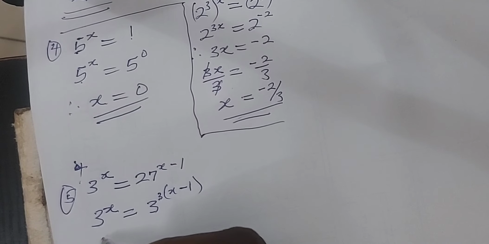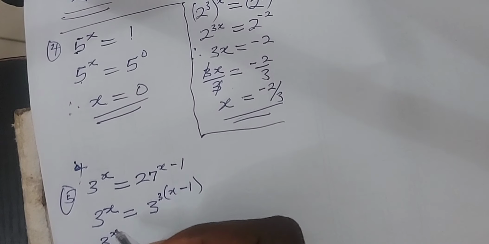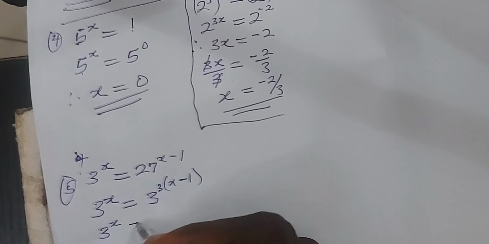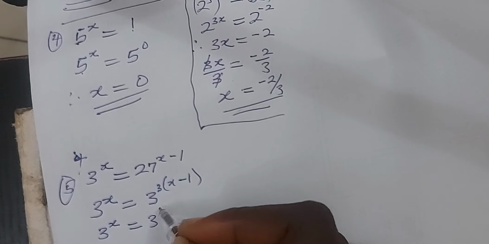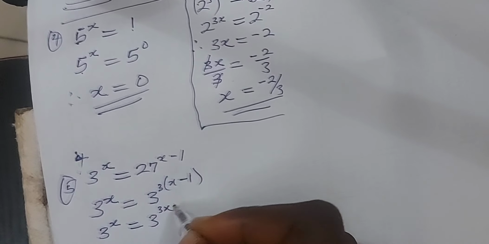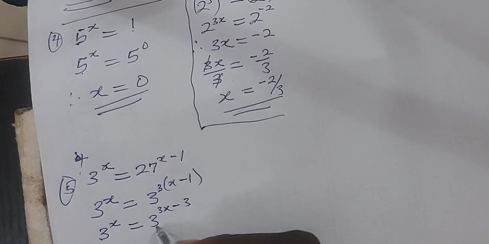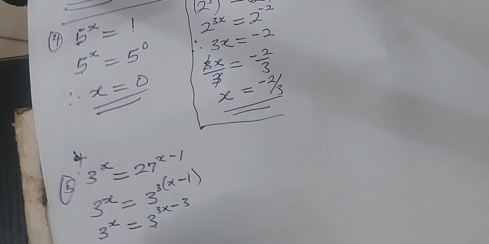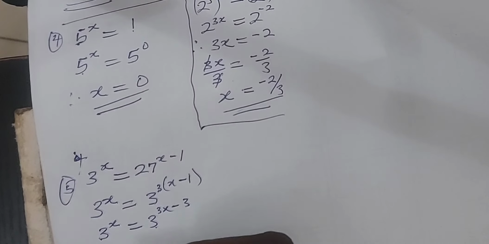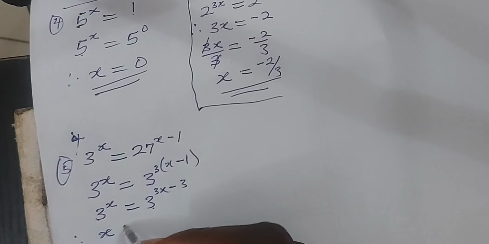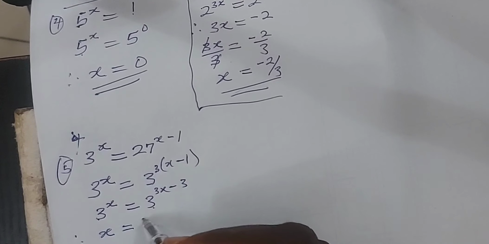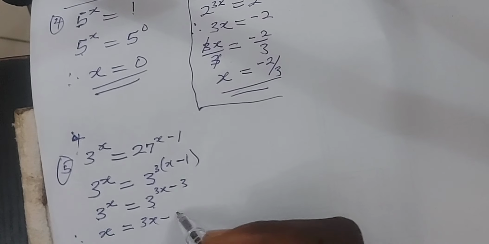You have your 3 raised to the power of x equals 3 raised to the power of 3x minus 3. Base equals base, equate powers. Therefore, we have x equals 3x minus 3.